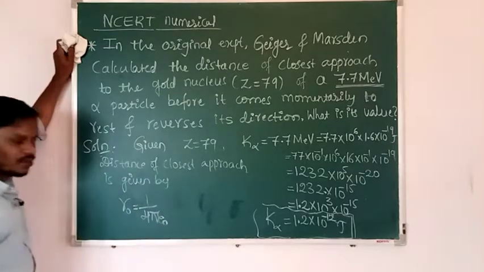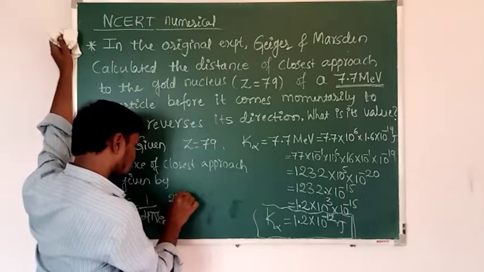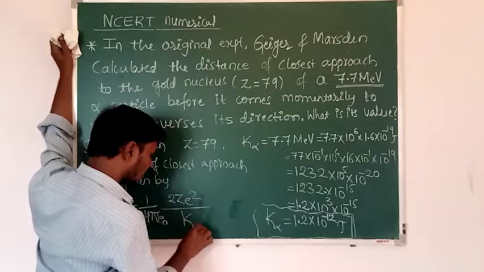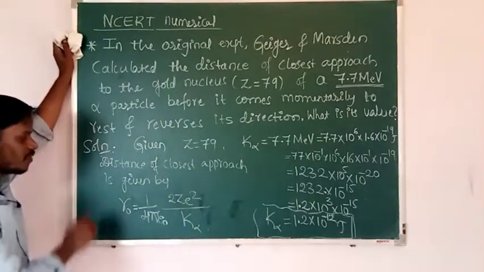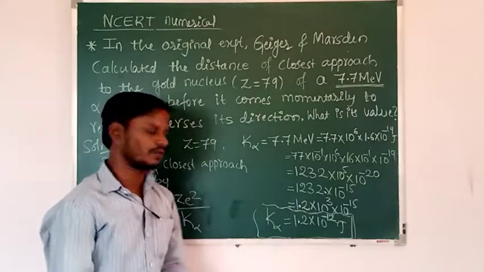This value is known, that is 9 into 10 to the power of 9, into 2 Ze square divided by kinetic energy of the alpha particle. By using this formula we are going to calculate the distance of closest approach.